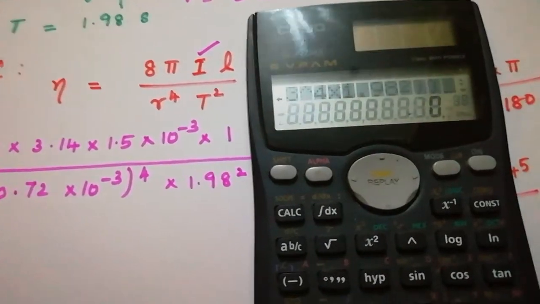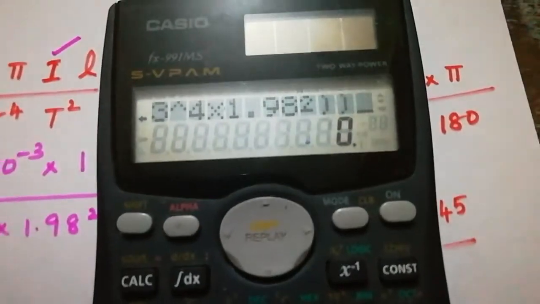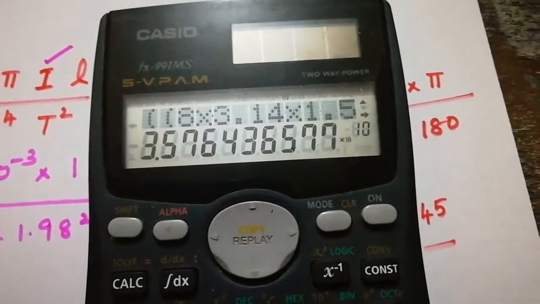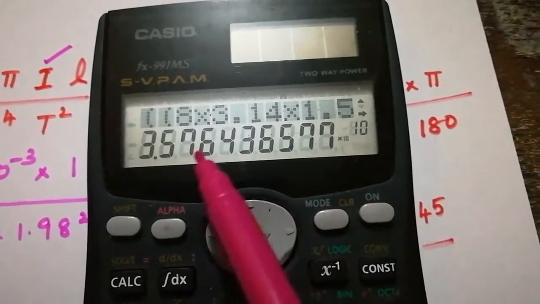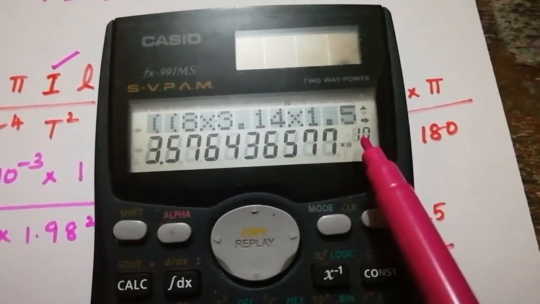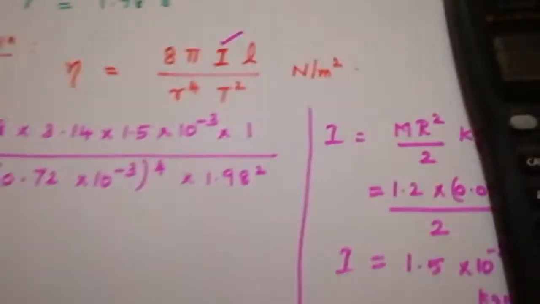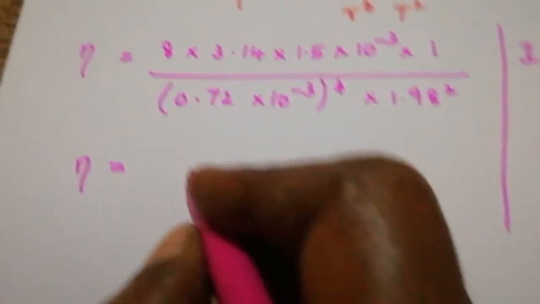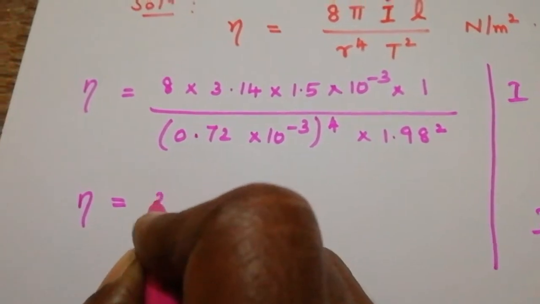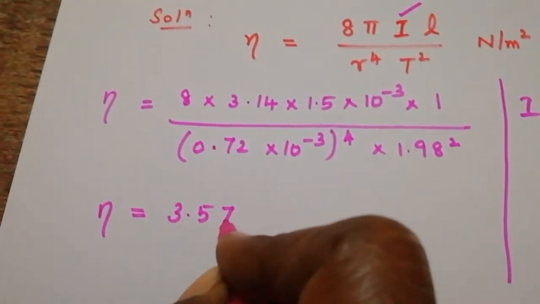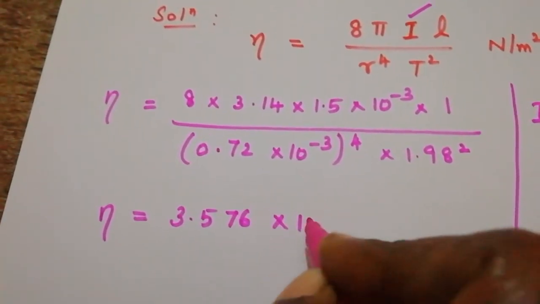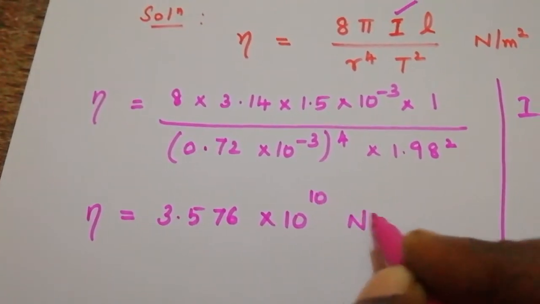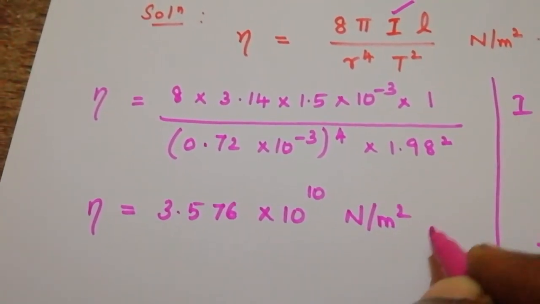Closing with a double bracket, I got 3.576 × 10^10. So I am writing here rigidity modulus n or eta = 3.576 × 10^10 Newton per meter square.